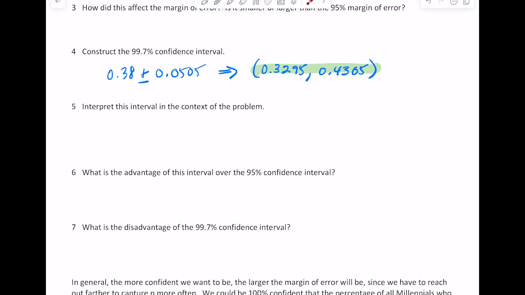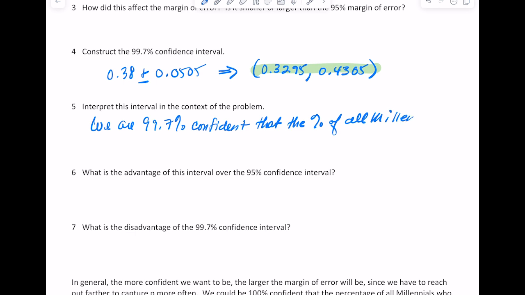So if we were asked to interpret the interval in the context of the problem, we could say that we are 99.7% confident that the percent of all millennials with at least one tattoo is between about 33% and 43%.